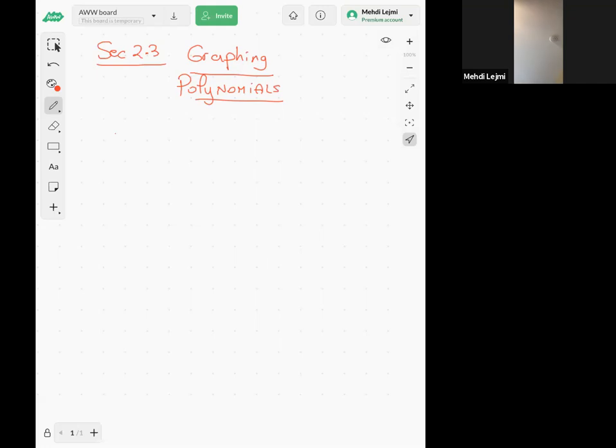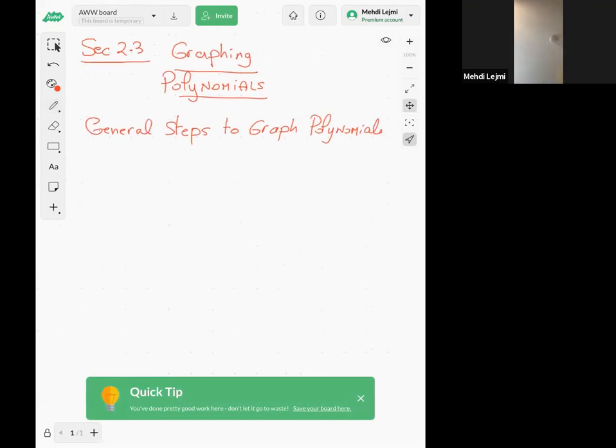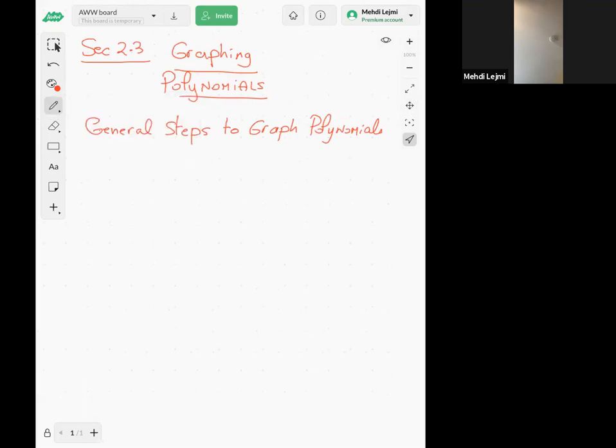So here are the general steps to graph polynomials. First, we have to determine the behavior at infinity.